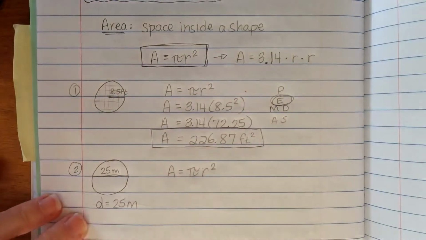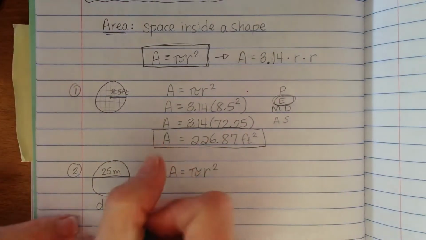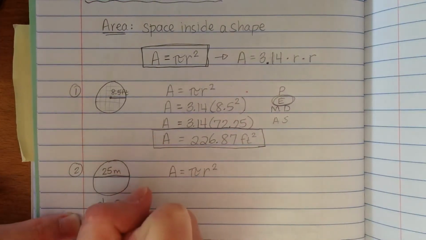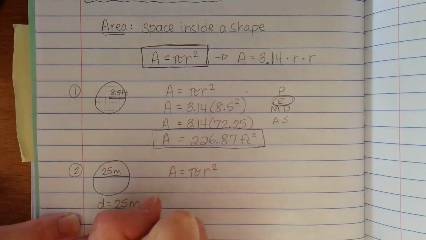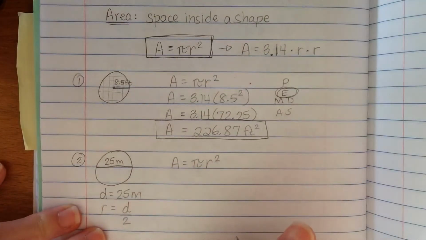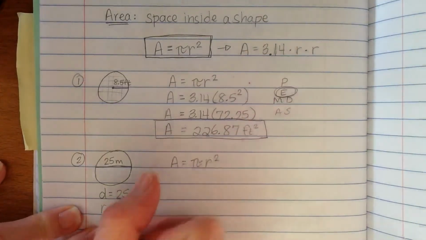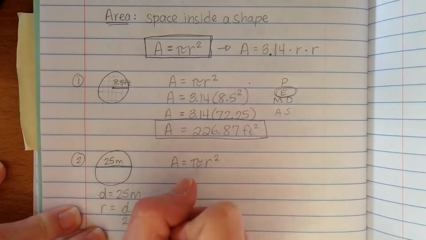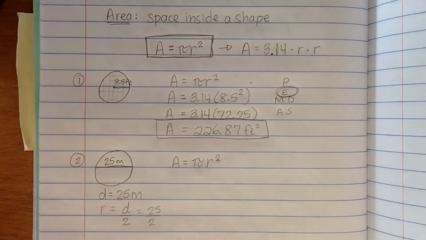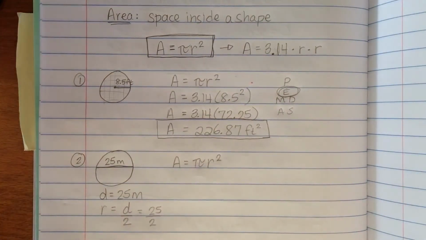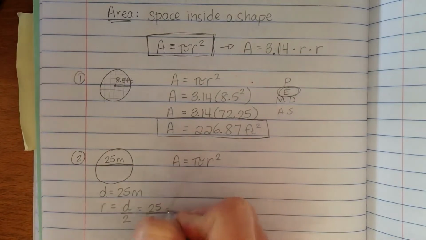Well, I need to know what that radius is. Well, if you look back at the notes we did before, we know that radius is equal to the diameter divided by 2, correct? Okay, so then to get the radius here, I'm just going to do 25 divided by 2. 25 divided by 2 is 12.5.